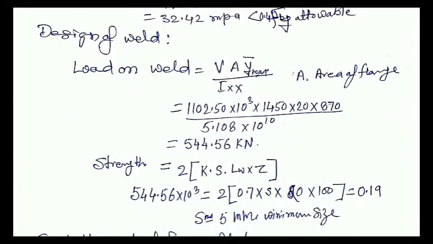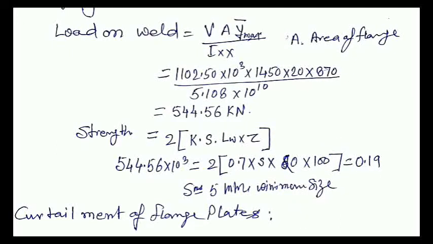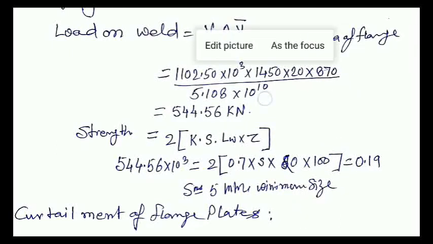Now design of weld. We have to design the welded joint of the flange plate to web. The total load on the weld comes out to be total shear force multiplied by the area of the flange into maximum fiber distance y max divided by Ixx.